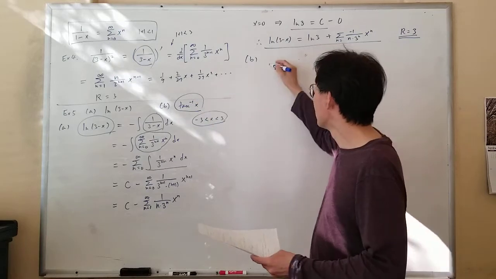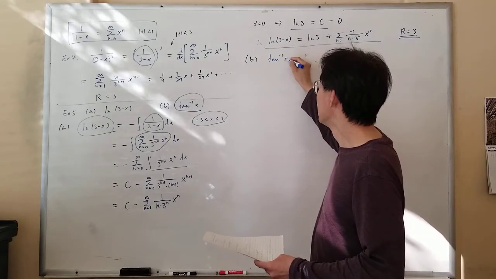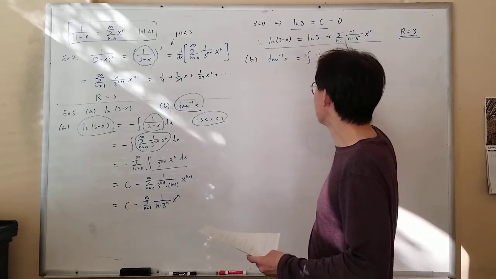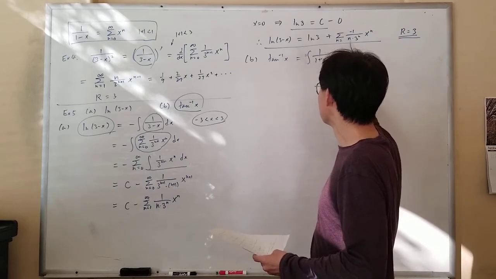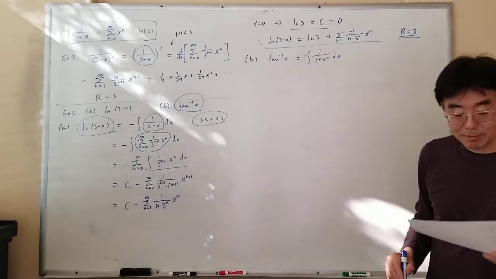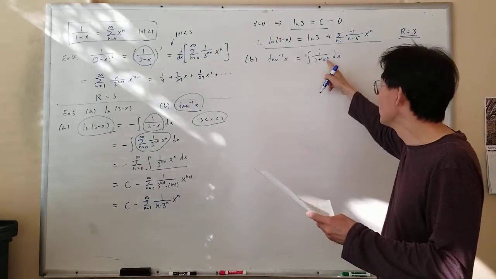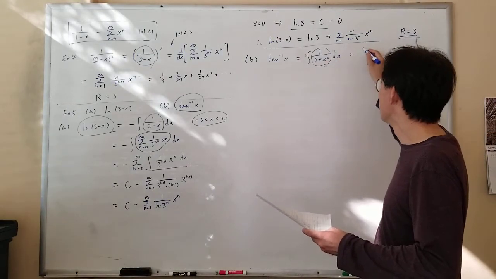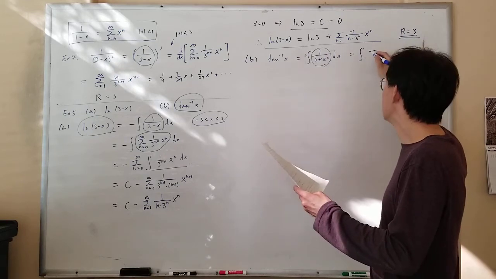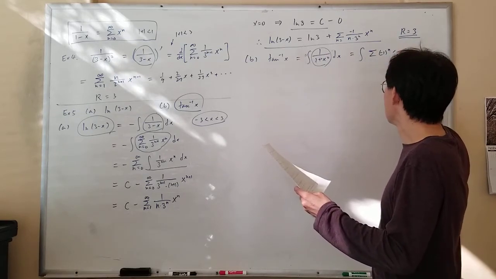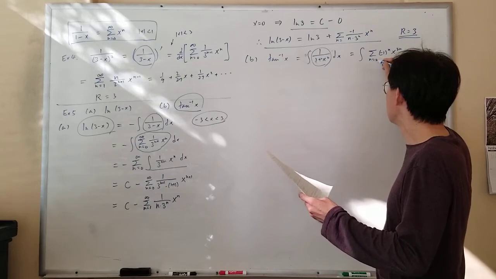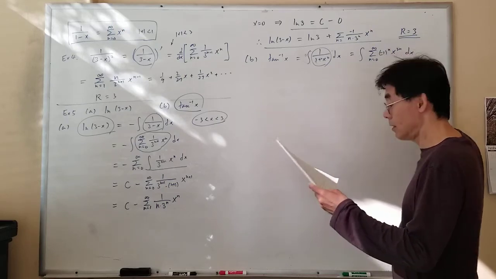Tangent inverse of x. This is one of the antiderivatives of 1 over 1 plus x squared dx, isn't it? And in example 1, we found the antiderivative of this. That was minus 1 to the nth, x to the 2n.